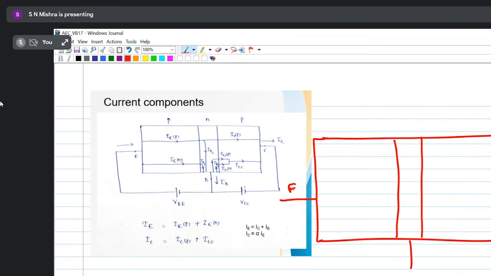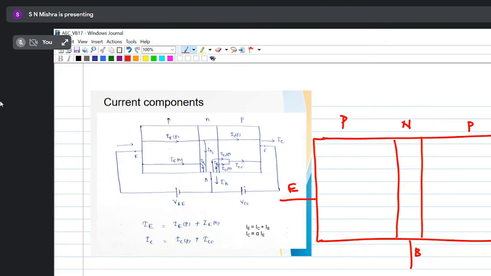This is your emitter, base, collector, P N P. So I have taken the collector wider, the emitter a little bit less wide than the collector, and the base very small.